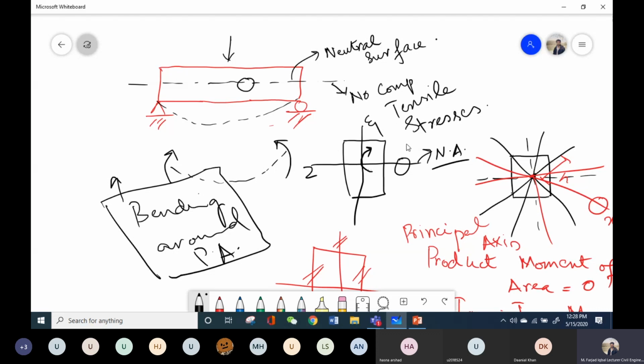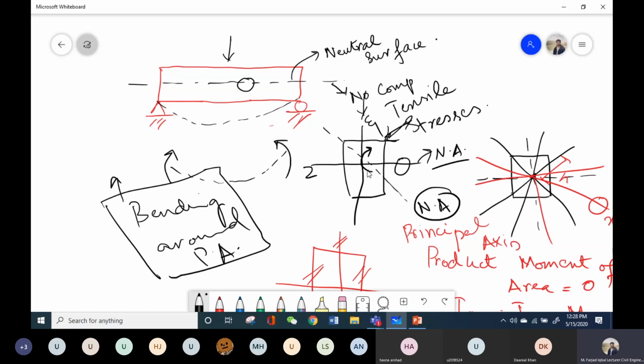Now, let's suppose in this example, we have the loads in the plane of symmetry. And let's suppose I apply the load from this direction. Previously, we had the loads in a straight direction, parallel to the plane of symmetry. But now if I apply the load in this direction, where will be my neutral axis? Perpendicular to this load, let me say this one.